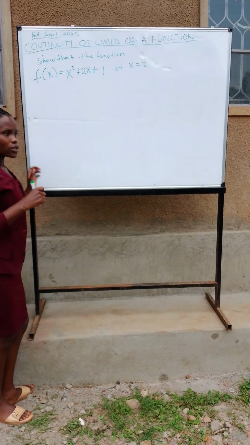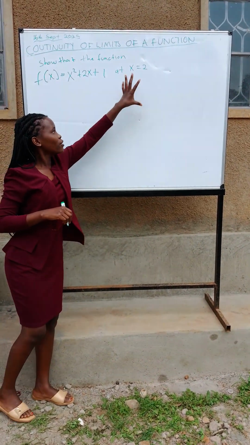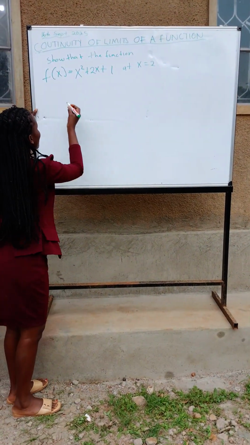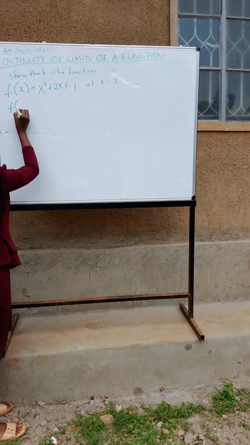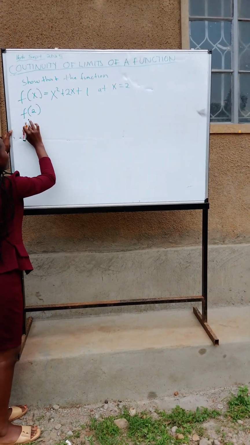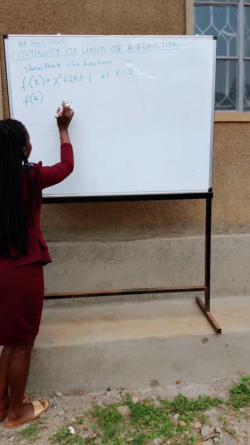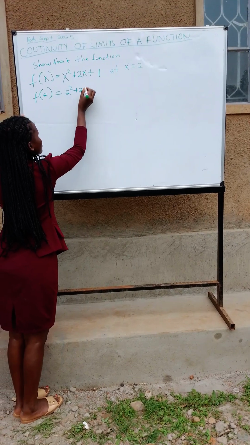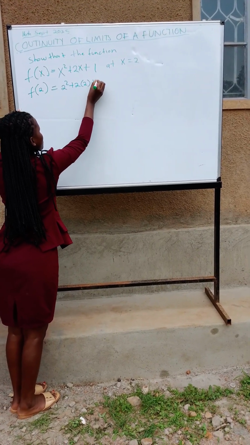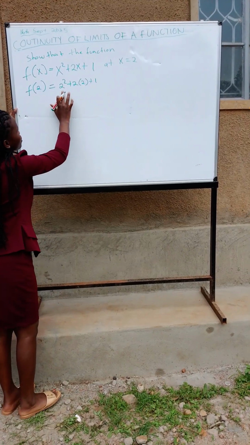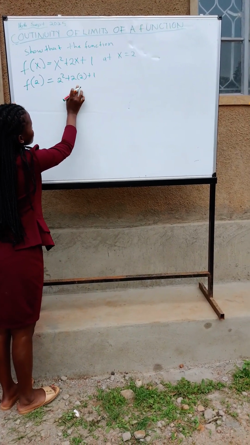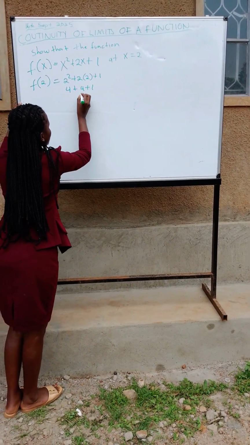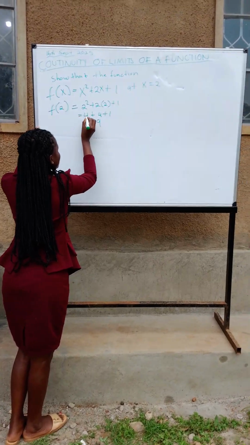If they tell you to compute the functional value, you just input the value. You find the functional value as the input x value of 2, which is equal to 2 squared plus 2 into 2 plus 1. This is going to be 4 plus 4 plus 1, which is equal to 9. This is our functional value.